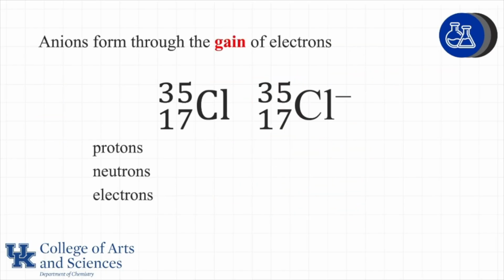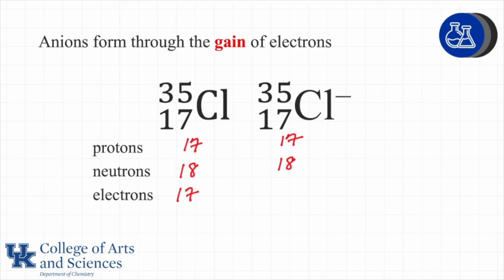Anions form through the gain of electrons. Let's look at an example with chlorine. So both chlorine and chlorine minus, which is a -1 charge because there's no number there, have 17 protons. They also both have 18 neutrons because we have the mass number and we know protons plus neutrons equals the mass number.